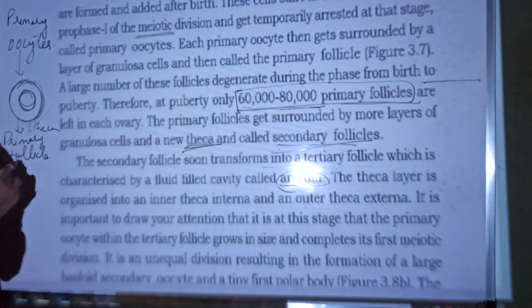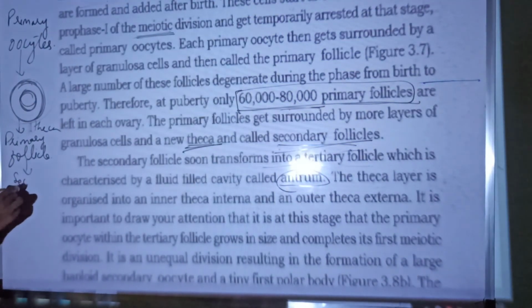From primary follicle it changes into secondary follicle, with a theca layer, and from secondary follicle, when it converts into tertiary follicle, there is a fluid-filled cavity called the antrum.